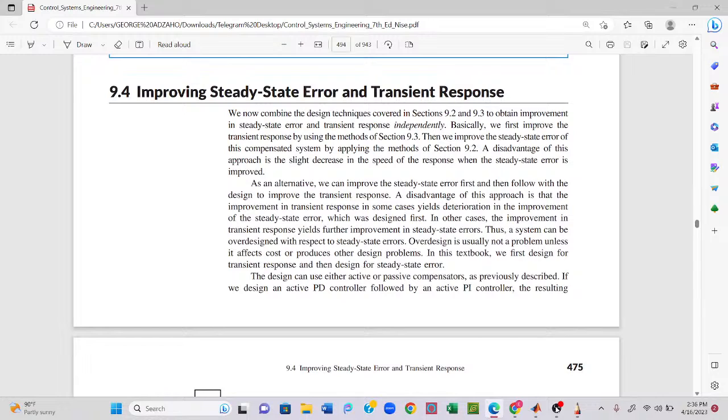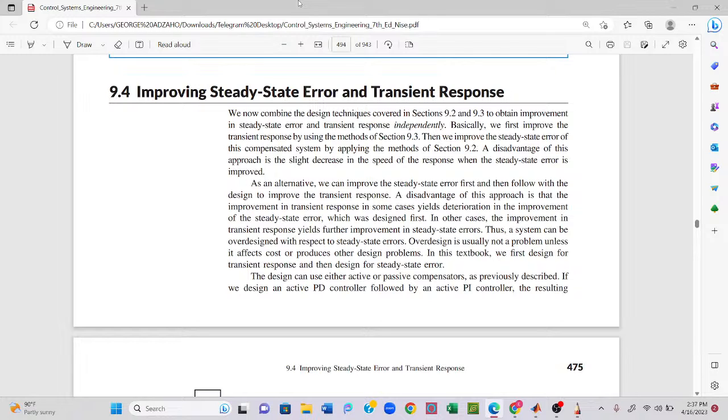I want to start the designing of the PID controller. For designing a PID controller, you first need to design either the PI or the PD first, and the other second. So you can design either PI first and then PD, or PD first and then PI.